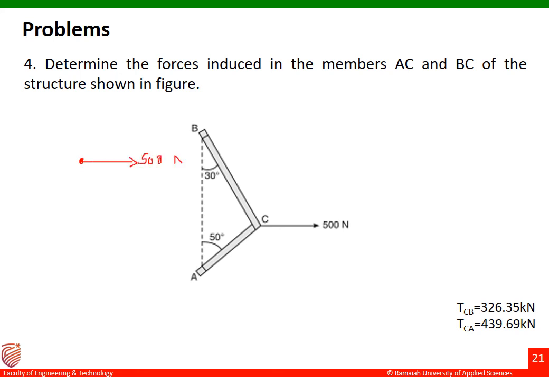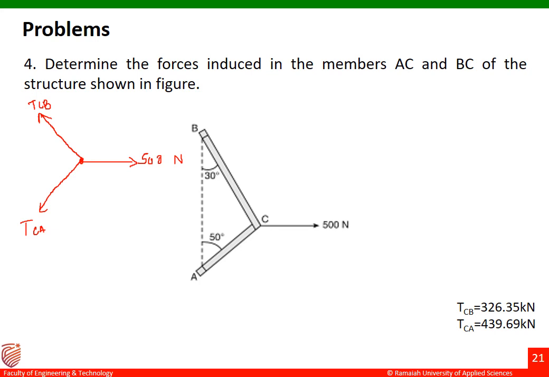This is the 500 Newton force, this is TCB, and then this is my TCA. What is the angle made by TCB and TCA with respect to the horizontal?